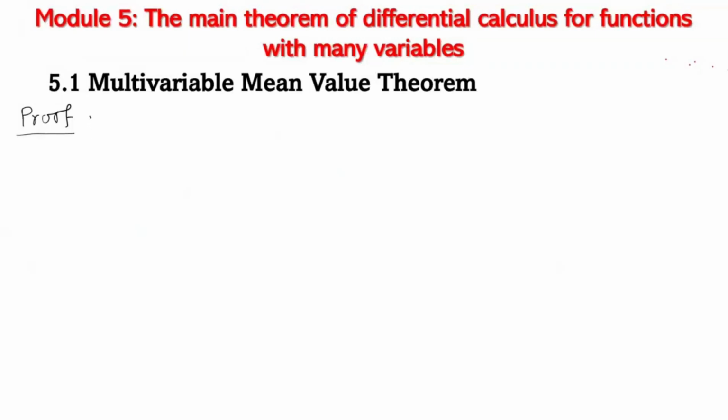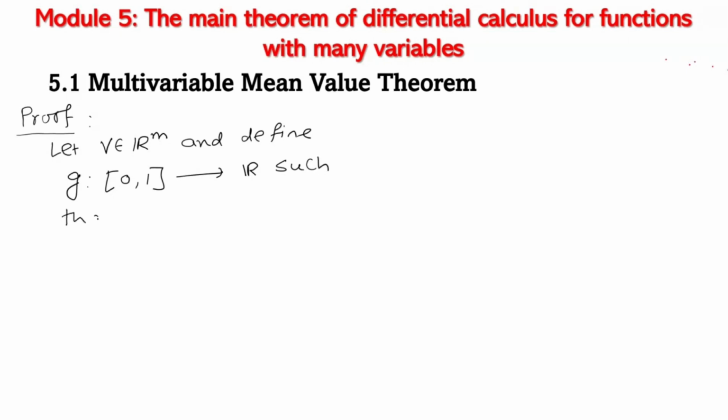To prove this theorem, let v belong to R^m and define a function g from the closed interval [0,1] to R such that g(t) = f(A + t(B − A)) · v.